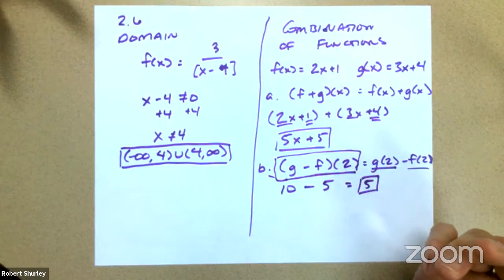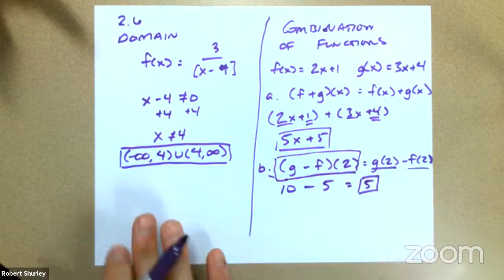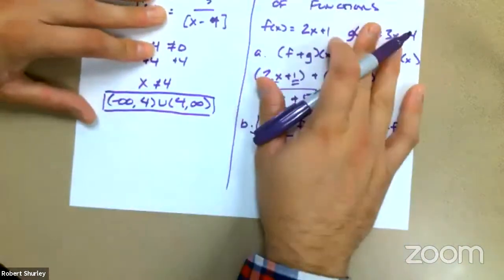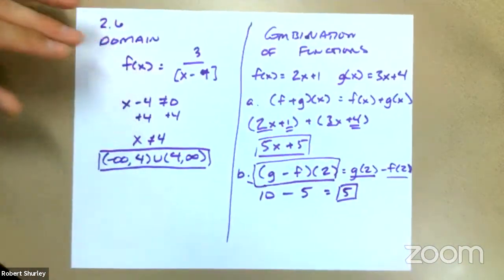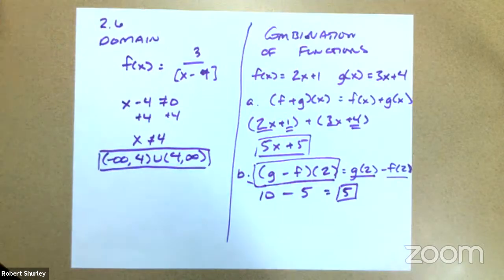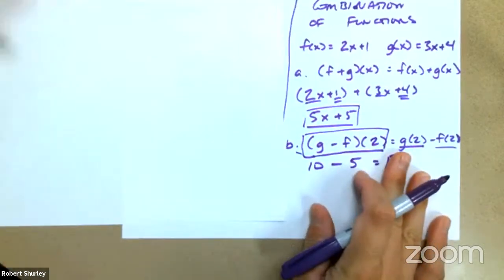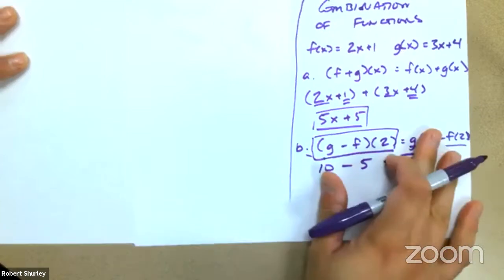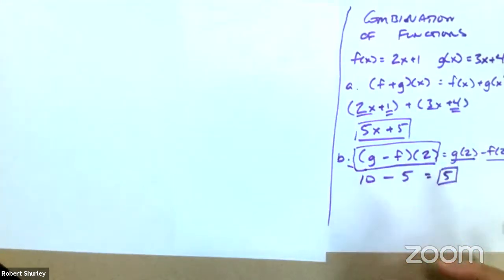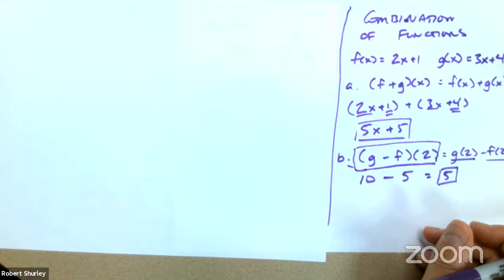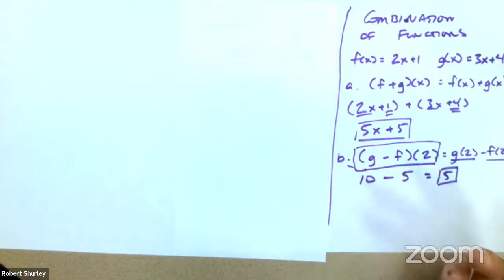Like if I wanted to find a revenue function, you would multiply price times quantity sold. So sometimes those can be two functions, and you just multiply them together.